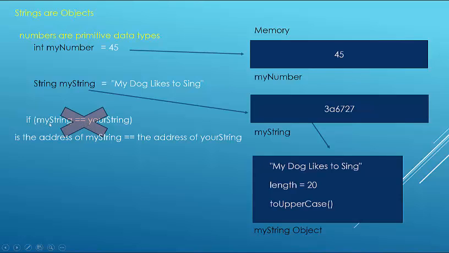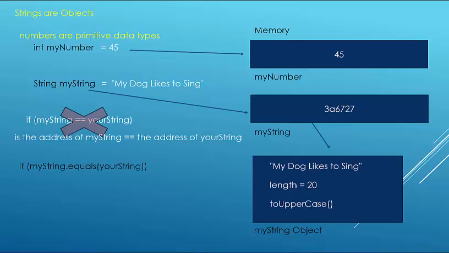If you want to compare myNumber and yourNumber, that's not a problem, because they actually hold the value that's in that memory spot. But what myString is holding is an address in memory, and what yourString is holding is an address in memory, because they're string objects and not primitive data types. As a result, we're looking at memory addresses, not the actual strings.